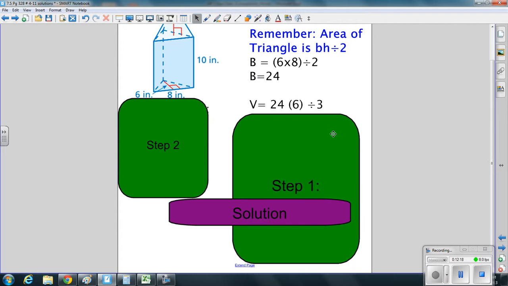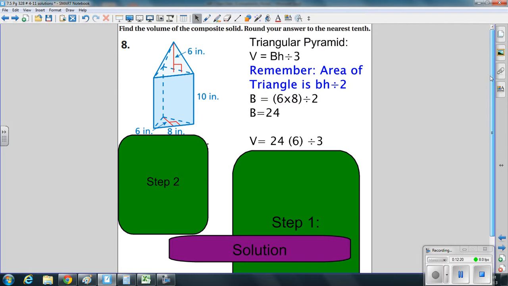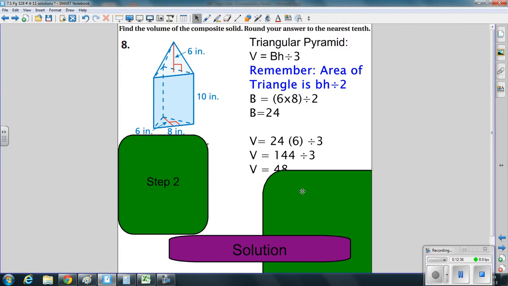Now, to find the total volume, we take the area of the base, 24, times the height of the pyramid, which is 6, and then we're going to divide by 3. So please take your calculators. Let's do 24 times 6, divide by 3, and we get an answer of 48. Are there any questions?